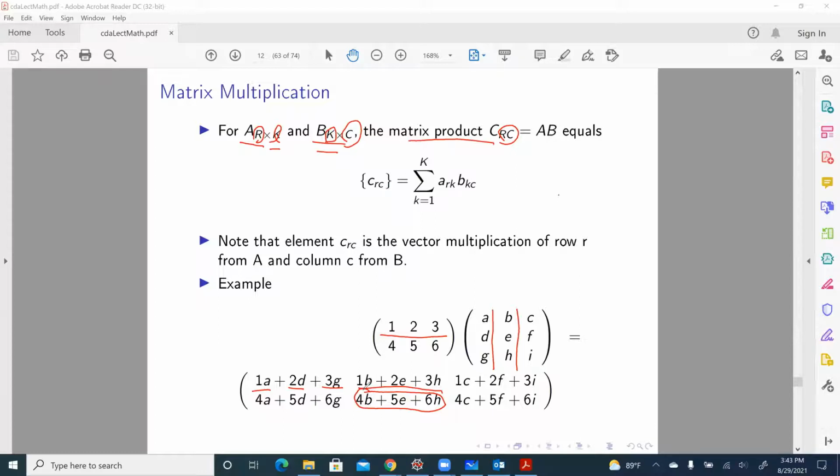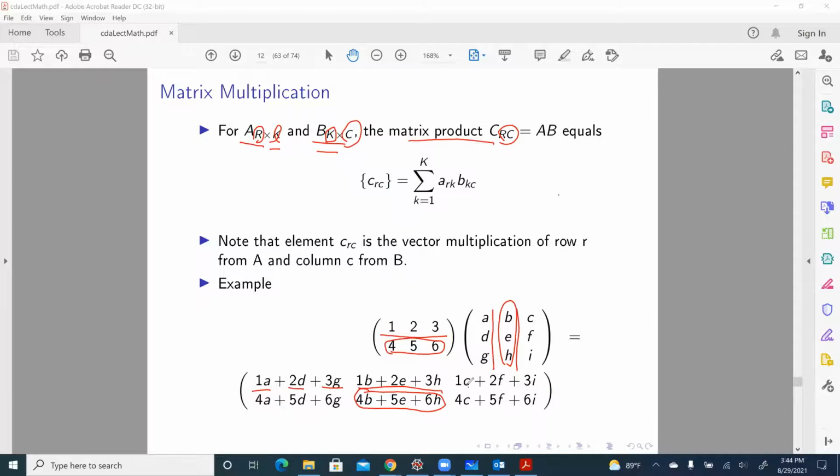Multiply element-wise and then summation, okay, with what? The second column of the second matrix, that is the multiply matrix. So 4 multiplied by B, 5 multiplied by E, and 6 multiplied by H, then sum across.